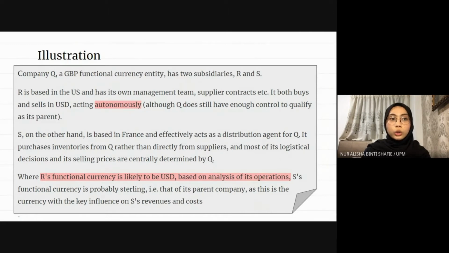R is also acting autonomously, while S is based in France and effectively acts as a distribution agent for Q. It purchases inventory from Q rather than directly from suppliers, and most of its logistical decisions and its selling prices are determined by Q. So for this question, the functional currency for R is likely to be USD based on analysis of its operations, while for S, the functional currency is probably sterling because the majority of the decisions are determined by Q.